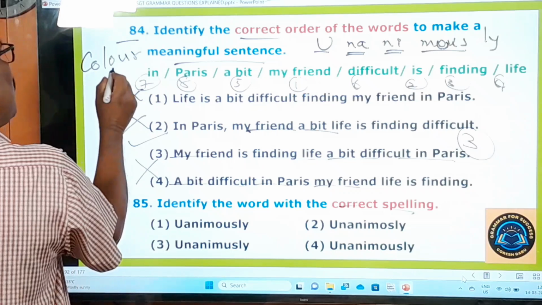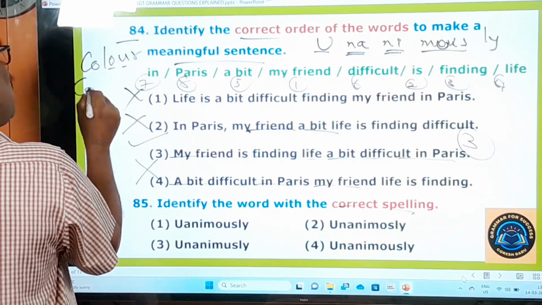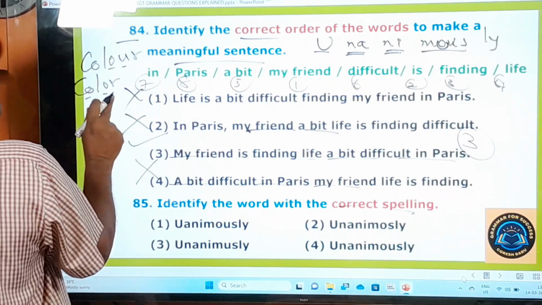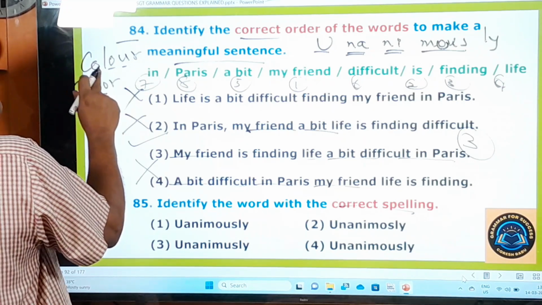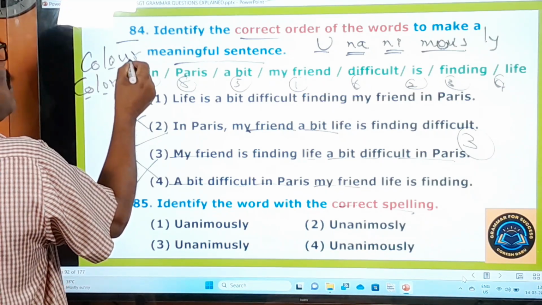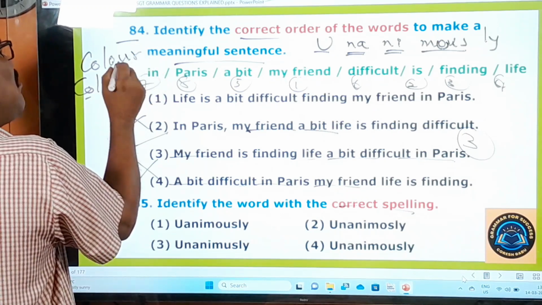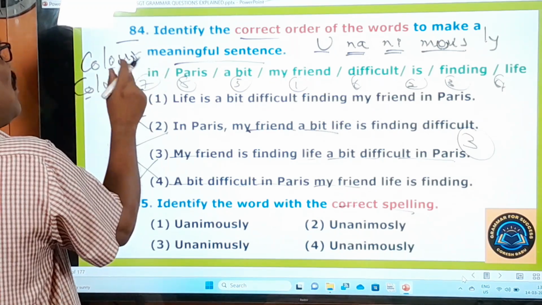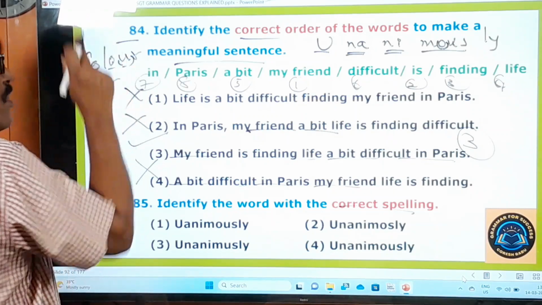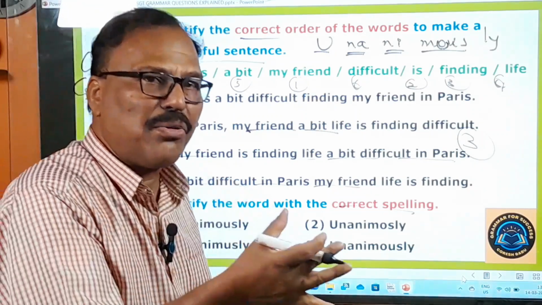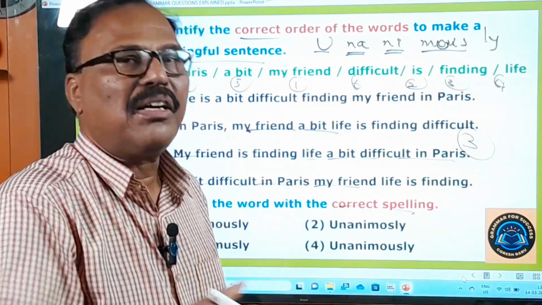Actually, American spelling is COLOR. Only two vowel sounds they have used in this word, this American spelling, and this British spelling is COLOUR. O is there, U is there. Only one vowel is necessary. Color. U is unnecessarily used in this word color by the Britishers. So that's why the Britishers make use of more vowel sounds in the words.